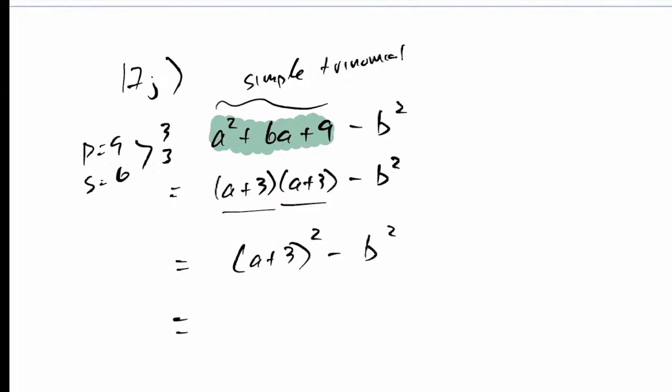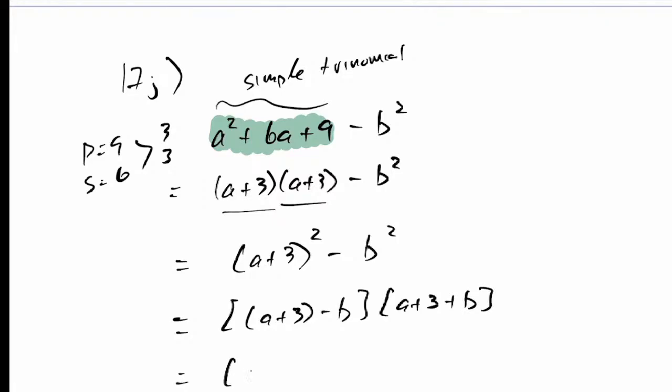So now your difference of squares gets applied. This becomes your x minus y times your x plus y. And we end up getting a plus 3 minus b times a plus 3 plus b.